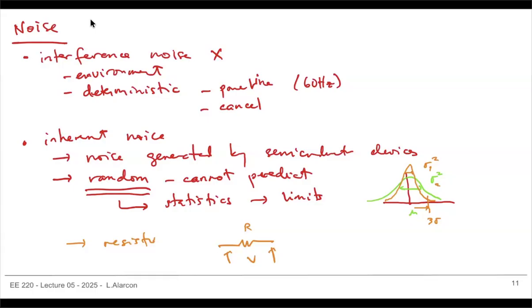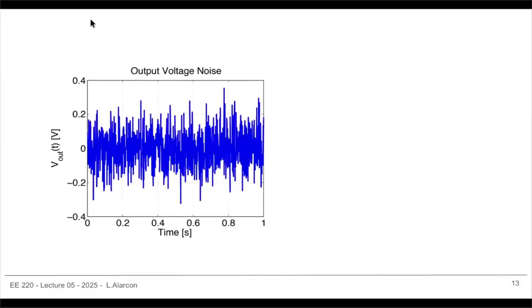If you zoom in far enough, you get something like this. And you probably would ask, okay, is that actually an error or is that actually happening? It turns out that that's actually happening and you can measure that. It's random, but you can actually measure noise. So if you go into the oscilloscope and look at just a resistor with nothing connected to it except that particular oscilloscope, then you get something like this.